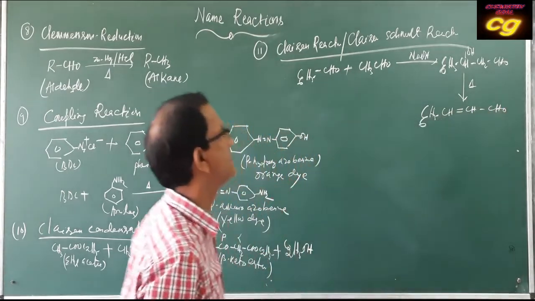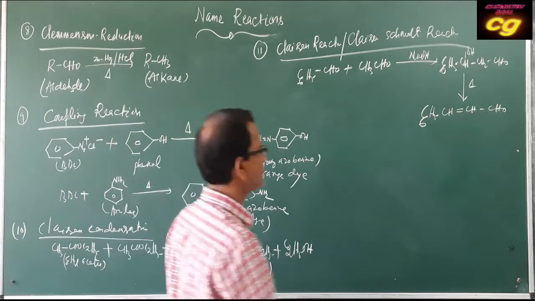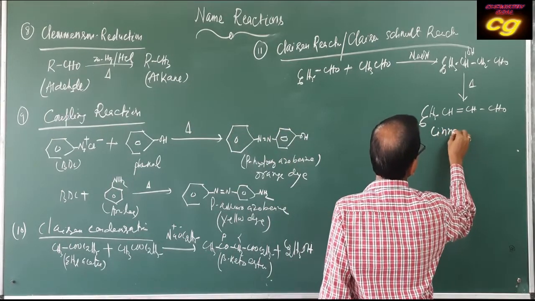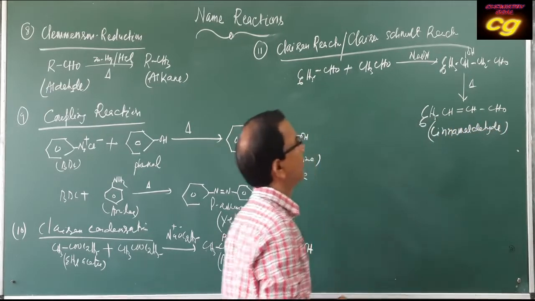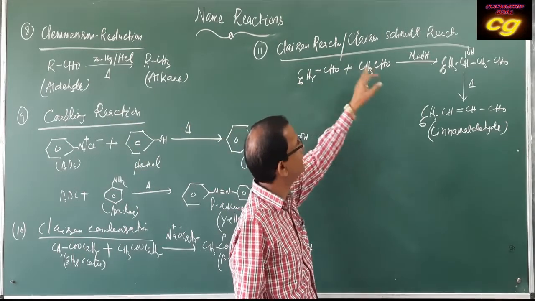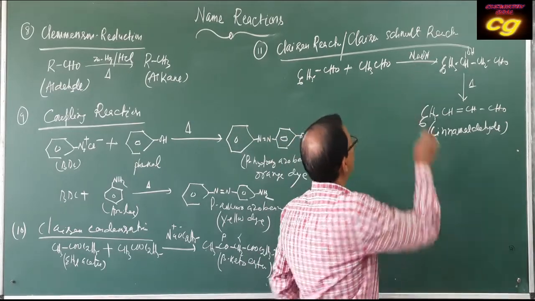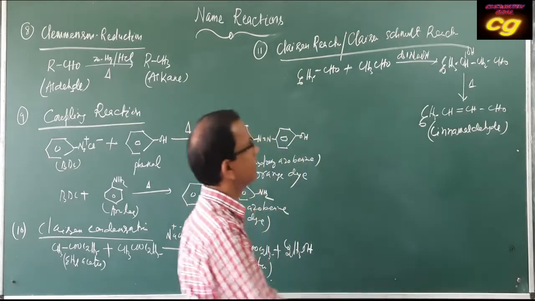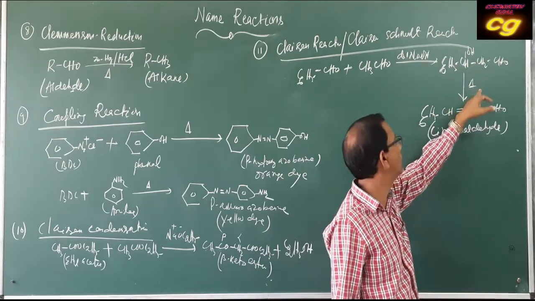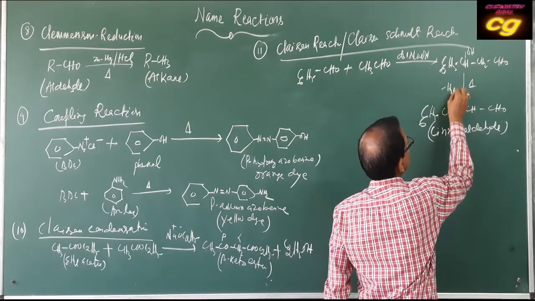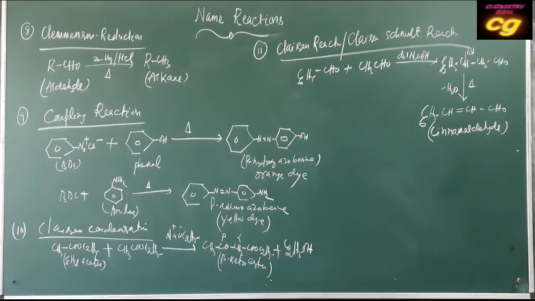This is called cinnamaldehyde. Benzaldehyde reacts with acetaldehyde in the presence of a base, dilute NaOH, forming a beta hydroxyaldehyde, and that beta hydroxyaldehyde on heating loses a water molecule, forming an unsaturated aldehyde called cinnamaldehyde.